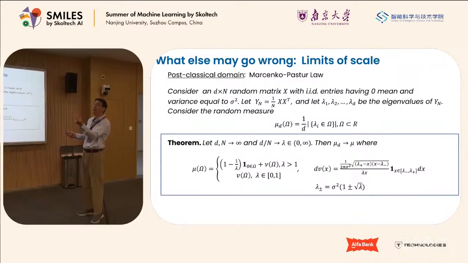And then on average, you divide by d. So there are d eigenvalues, and d rows and n columns.